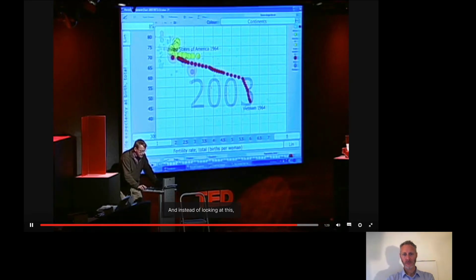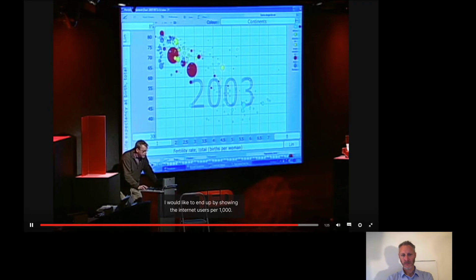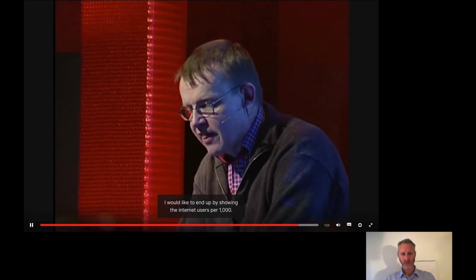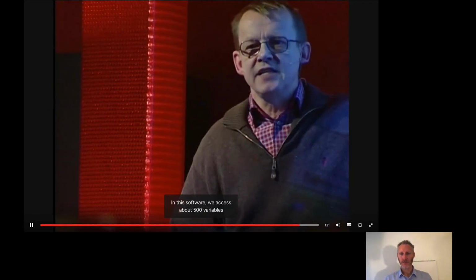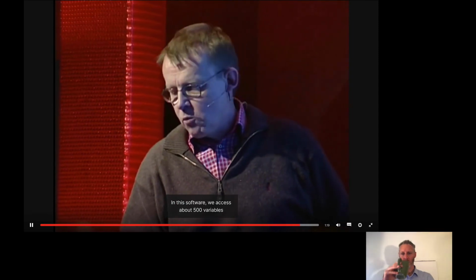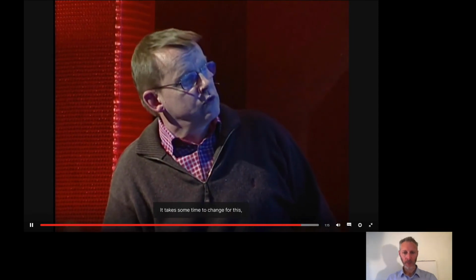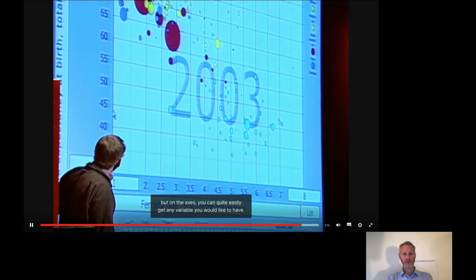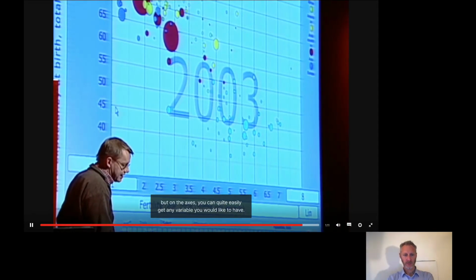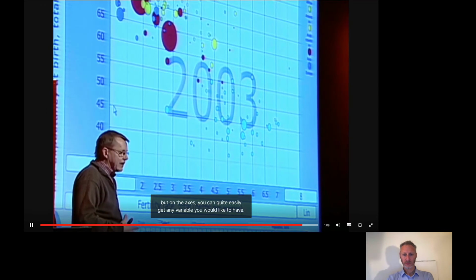And instead of looking at this, I would like to end up by showing the internet users per 1,000. In this software, we access about 500 variables from all the countries quite easily. It takes some time to change for this, but on the axes, you can quite easily get any variable you would like to have.